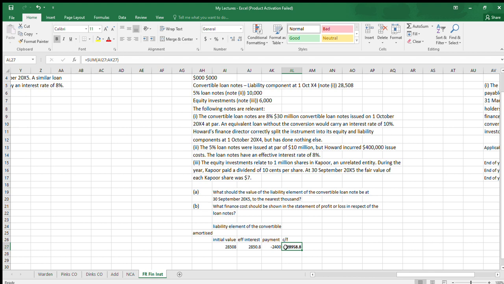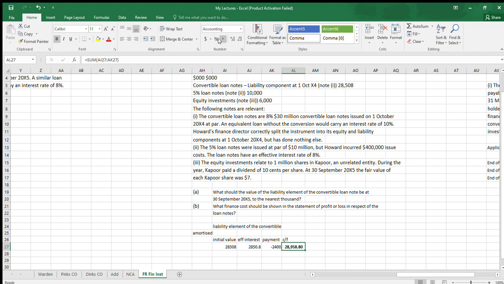This figure here, 28,958.80, or 28,959 to the nearest whole number, is your liability component. That is your liability component.